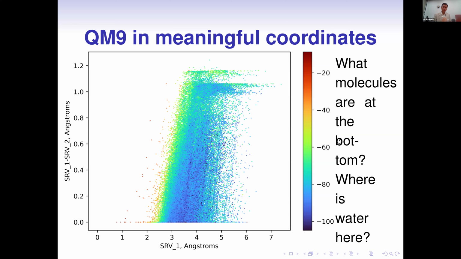For every molecule in QM9, we have, I think, 14 different properties obtained computationally, and G, the so-called free energy, is one of them. So here we highlighted every molecule by color, by the values of this G energy, but in principle, you could use another property.